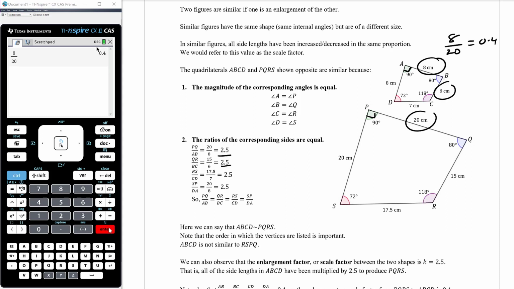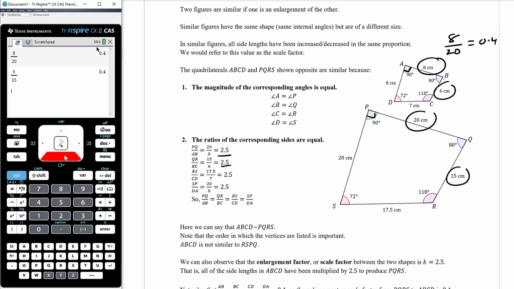And it's similarly 6 divided by 15, that's also 0.4.